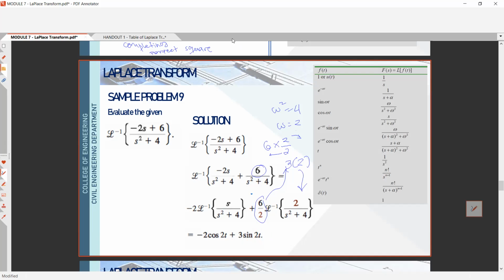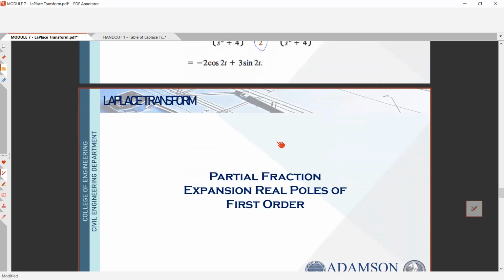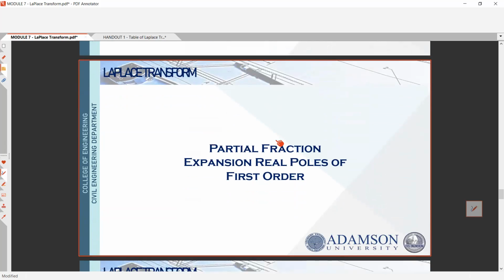That is example problem 9. So now we are using naman the partial fraction expansion of real poles to first order. So application ng partial fraction to solve for the inverse of the Laplace transform. Makikita nyo kung paano ba ginagamit yung partial fractions.